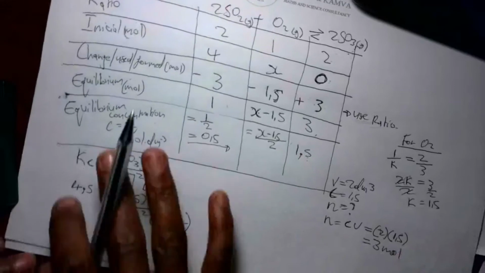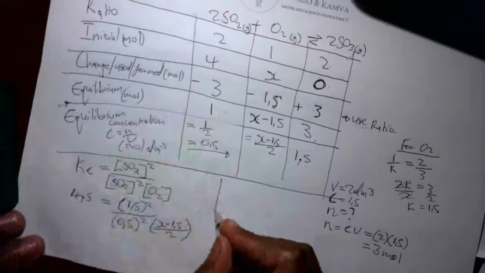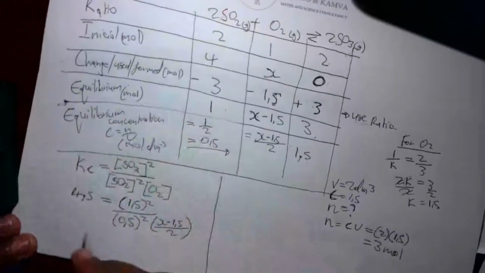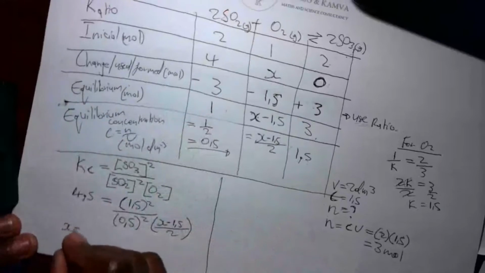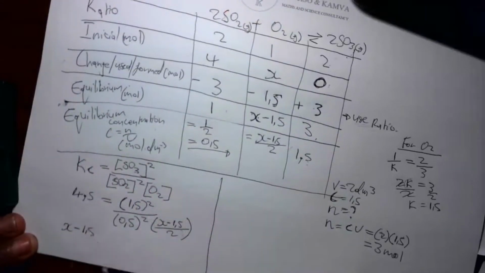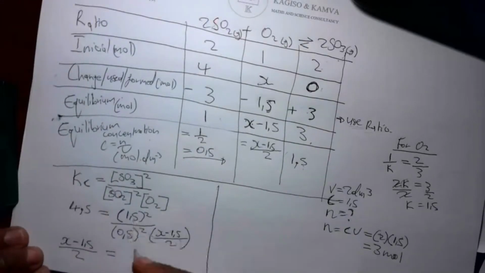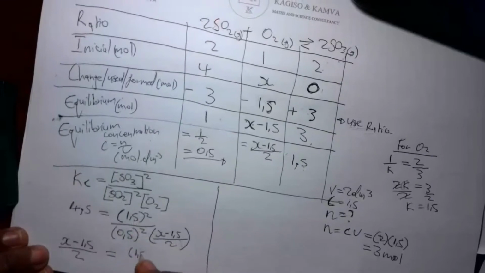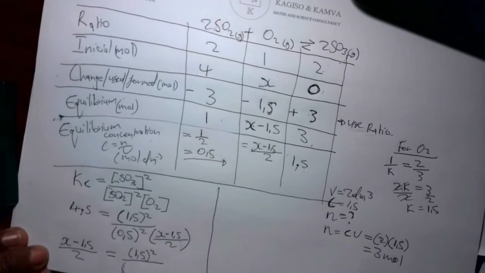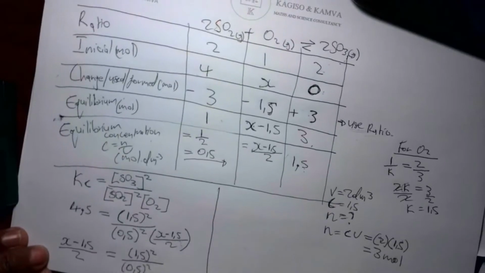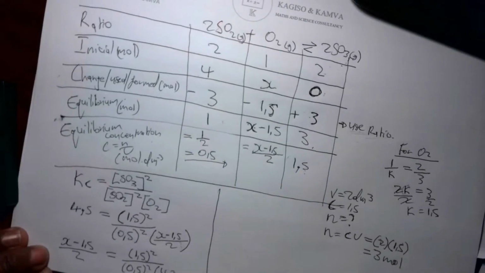Now we are going to have x minus 1,5 divided by 2 is equal to, what is that? 1,5 squared over 0,5 squared multiplied by 4,5.